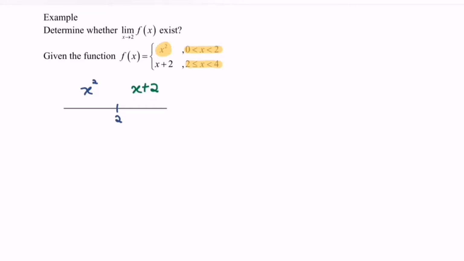Let's determine the situation. Here we have the limit when x approaches 2 from the left. We have another situation, the limit when x approaches 2 from the right. If from the left, x approaches 2 from the left, so the function will be x squared. Substitute the value and we will have 4.